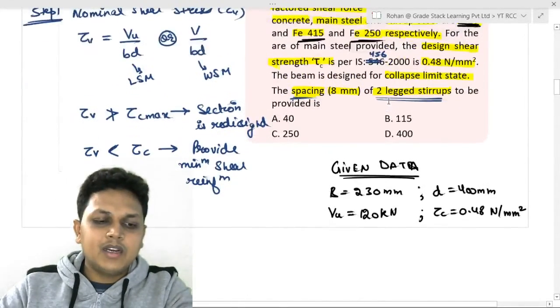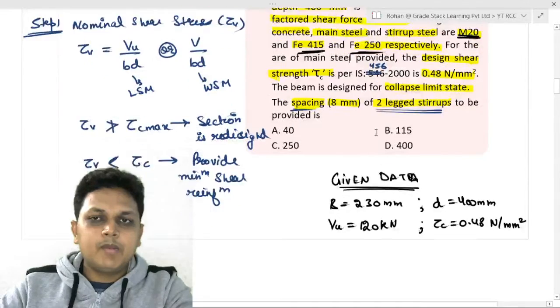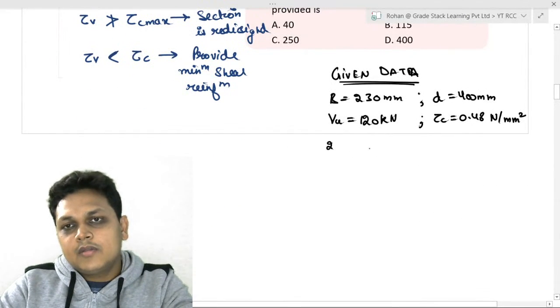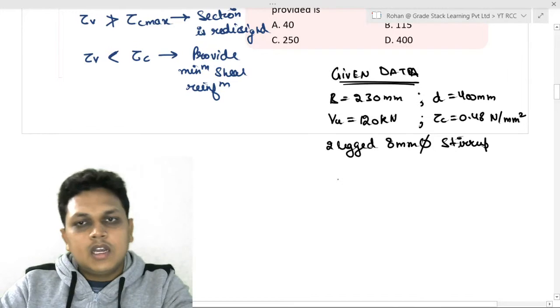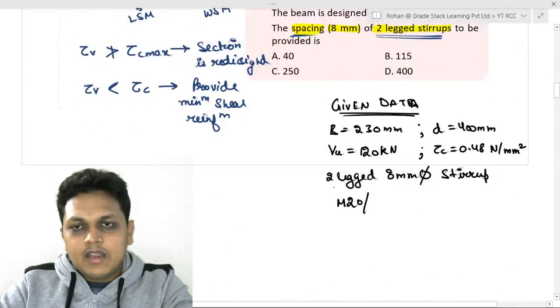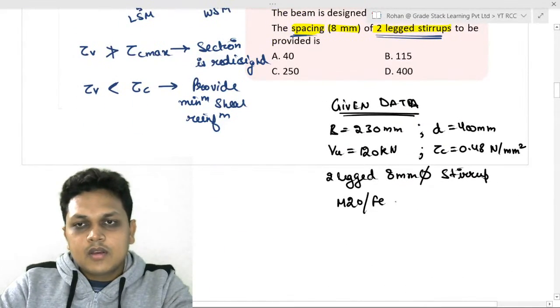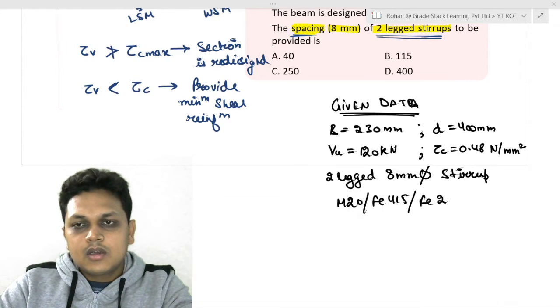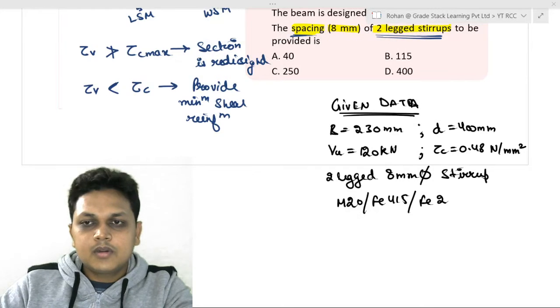And we are provided two-legged 8 mm dia stirrups, and we are given M20 concrete, Fe415 main steel and Fe250 stirrup.